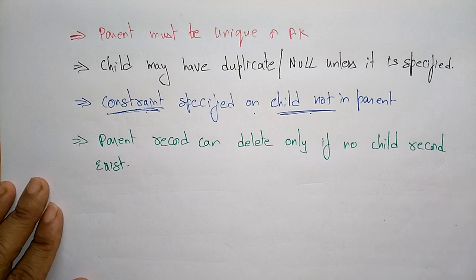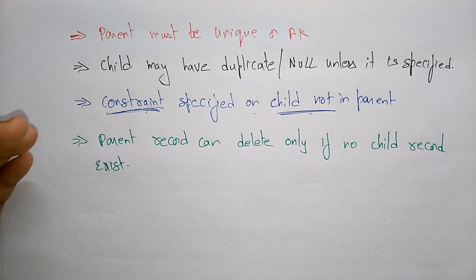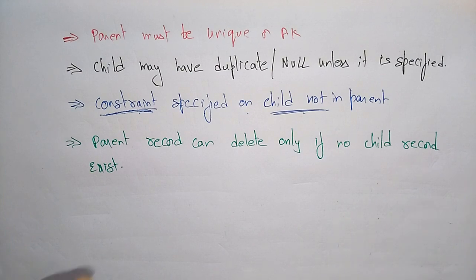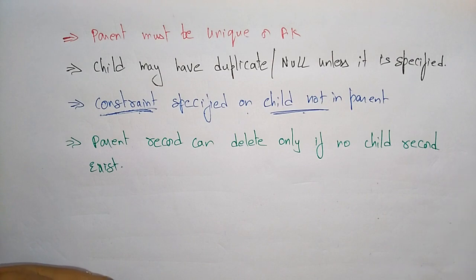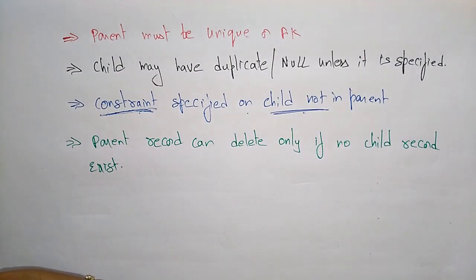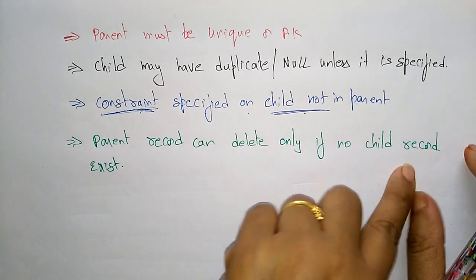If it exists in the child, suppose the child is using any dress or any item, the parent is not supposed to remove that item, the cosmetic or anything. If the child does not want that, you can remove it in the parent also. The parent can delete that item. So the parent record can be deleted only if no child record exists.